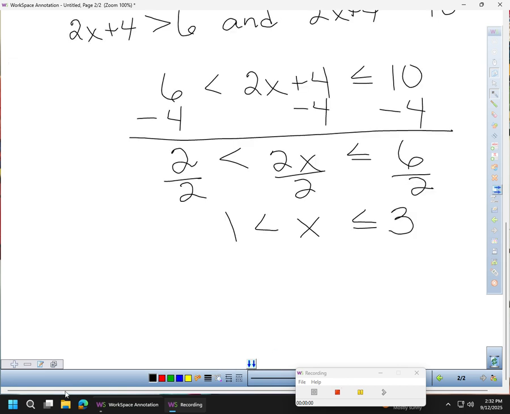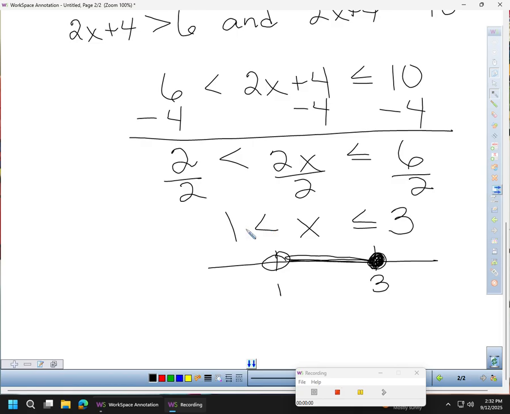Good. Okay. So now let's put this wonderful thing on the number line. At 1, do I have an open or closed dot? That's open. At 3, do I have an open or closed dot? Closed. And where are my x's? They're all in the middle.